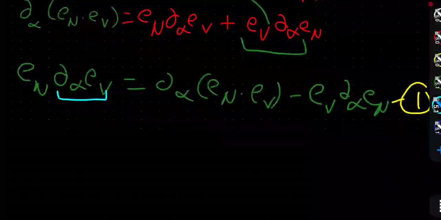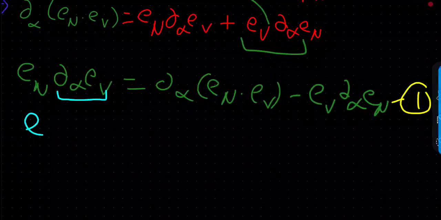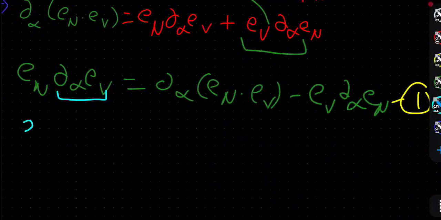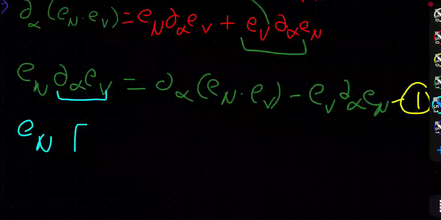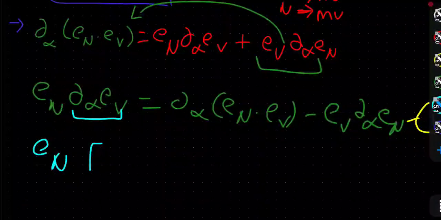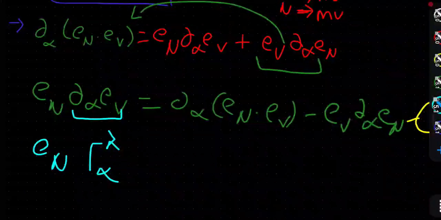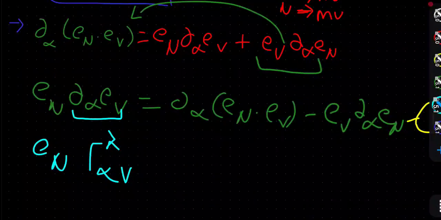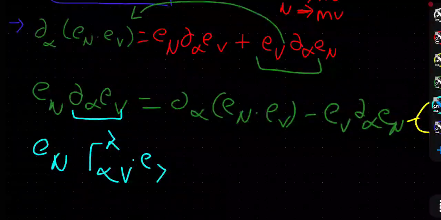So I'm going to write it as e of mu, then the Christoffel symbol, lambda, alpha, mu, and here of course it is e of lambda.